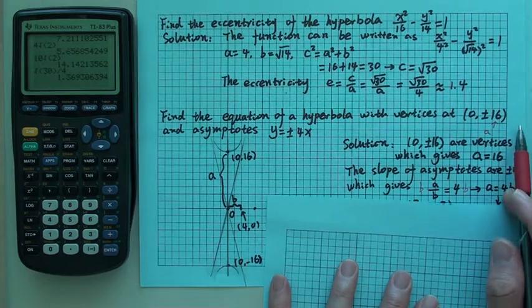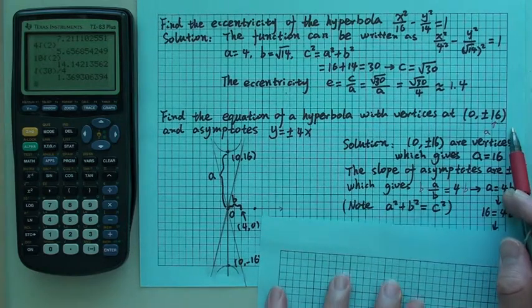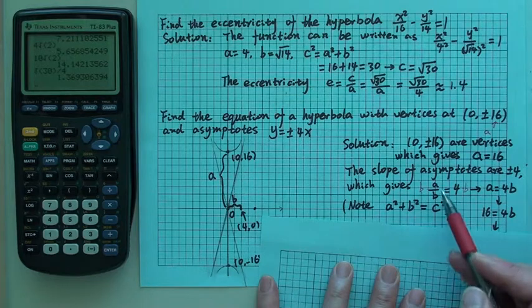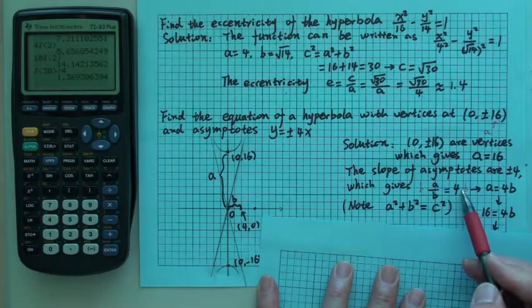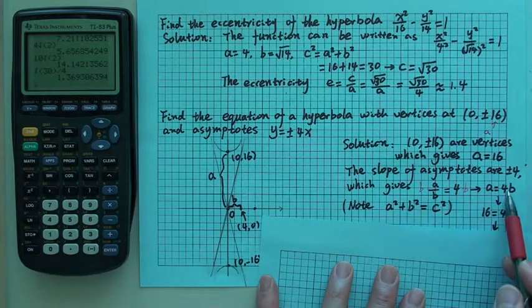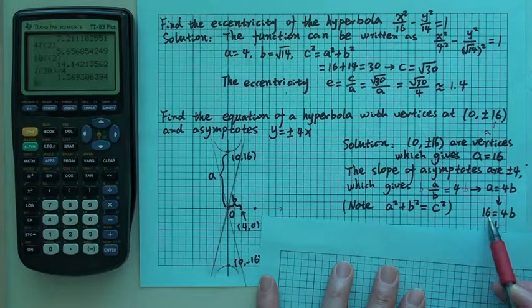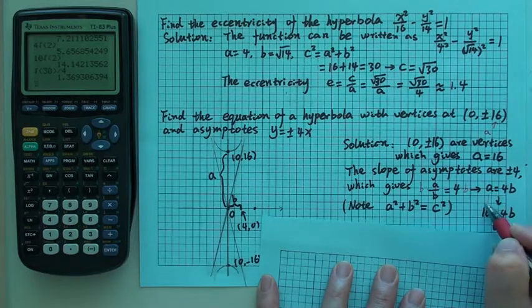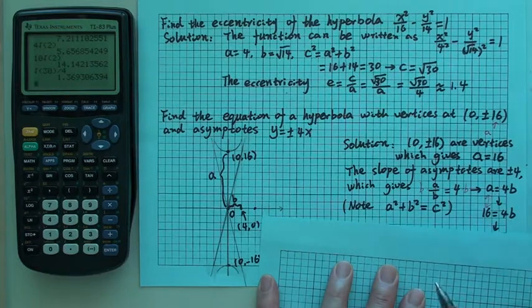Again, upstairs, this tells us 16 is a. Now, from a over b is 4, you plug in a here, because a is 16, and 16 equals 4b.